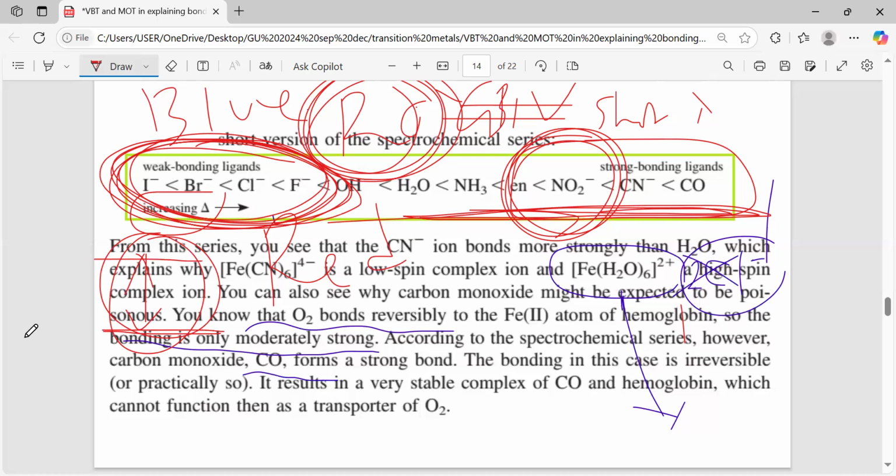You need very little energy, and therefore you'll absorb long wavelength, which is red. And if I absorb the red, then what remains is the blue. Okay, so what does it mean? Complexes with these weak bonding ligands will always be blue in color. Okay, I think that's enough explanation.